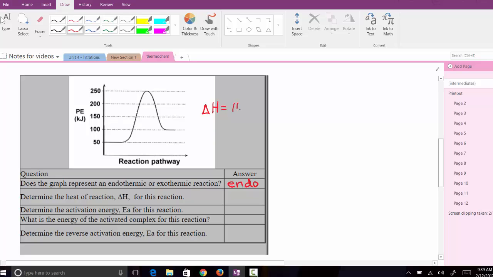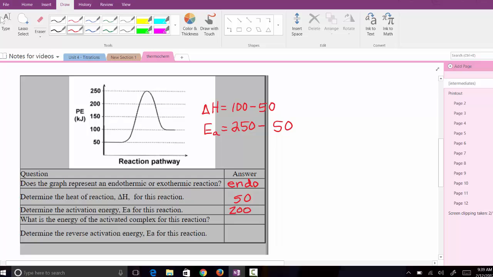So our products are at 100, and our reactants are at 50. So that's going to be 50. And then the activation energy: we go from the top of the hill, which is at 250, minus the reactants' energy, which is 50. So my activation energy is 200.